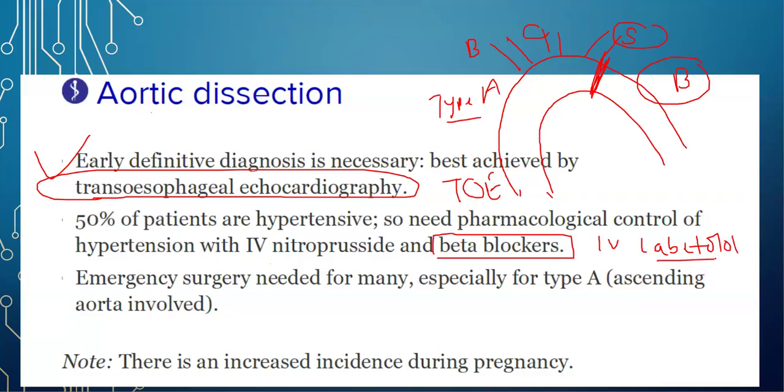So IV labetalol will be your first line management. If blood pressure is still too high, you can add IV nitroprusside with that. And after that, if surgery is needed, you can also order that. But for type B aortic dissection, your first line management is antihypertensive. For type A, emergency surgery.